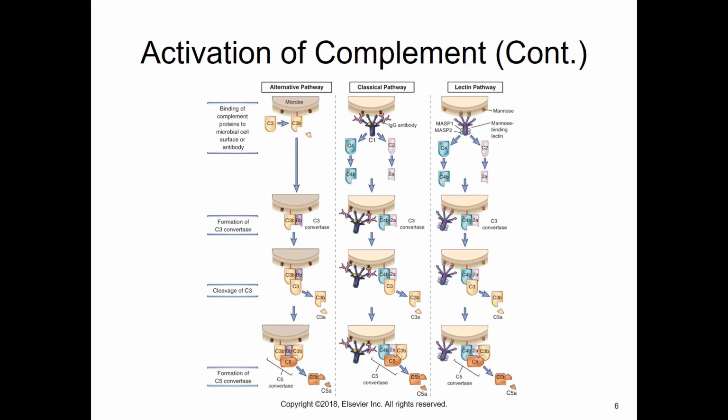Your C5a, C3a, and C4a, those activated components with the A on them, are responsible for inflammation and anaphylaxis.